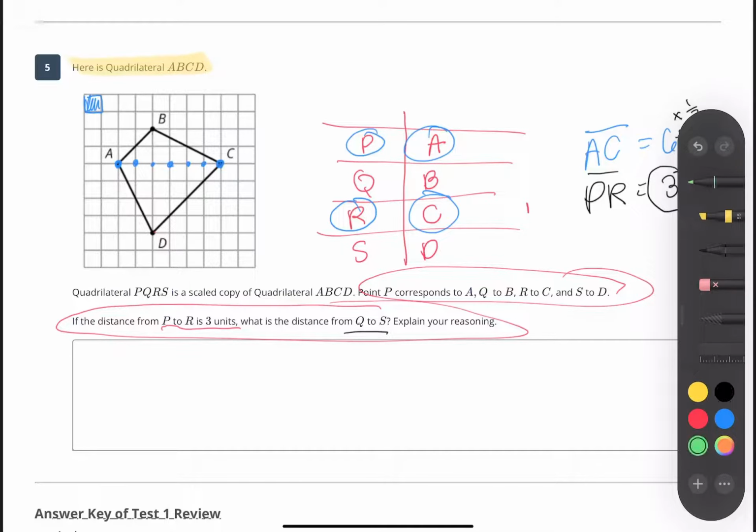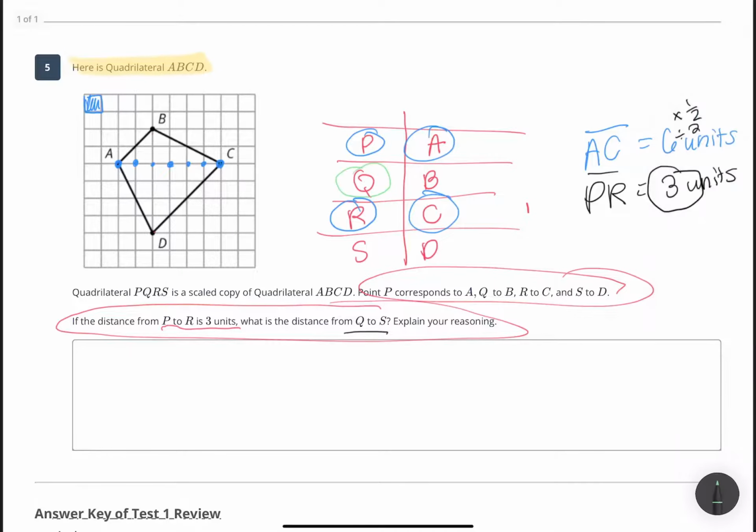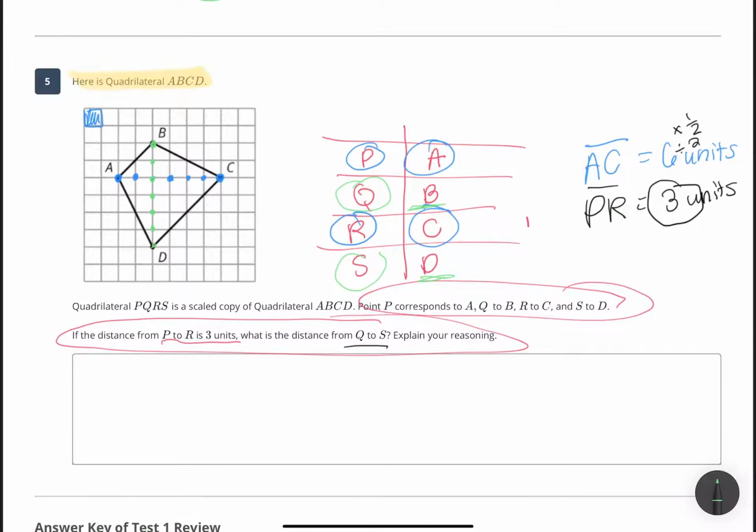So I'm going to look on my graph. Q to S corresponds with B to D. I need to count 0, 1, 2, 3, 4, 5, 6. I'm going to double count that again, just to make sure I'm right. 1, 2, 3, 4, 5, 6.